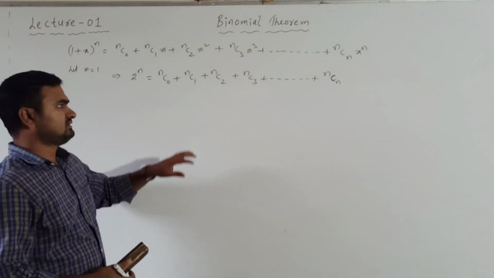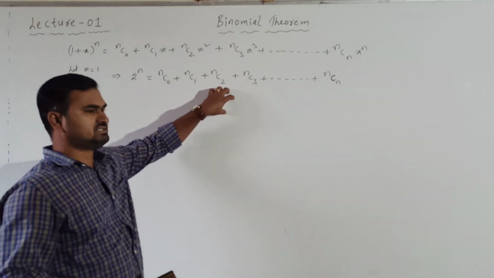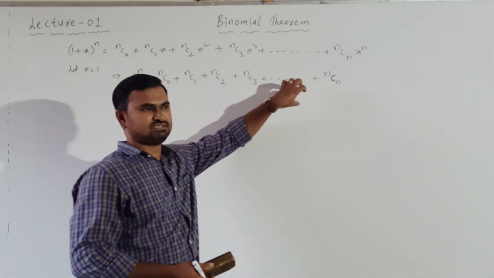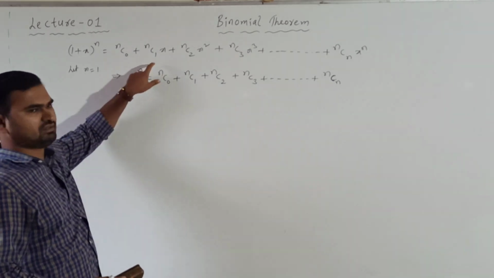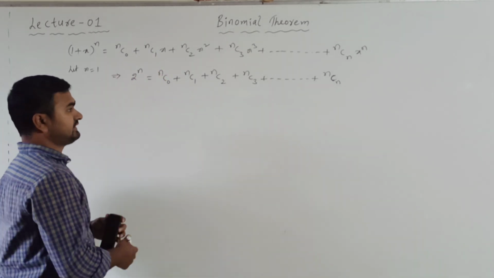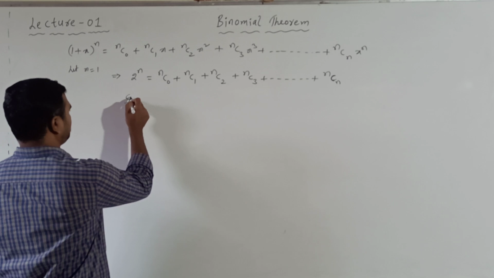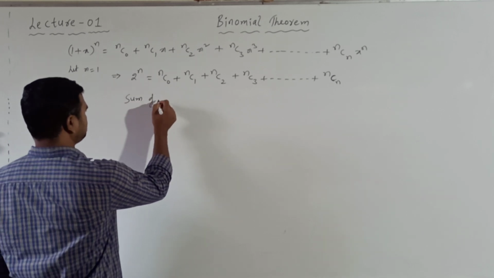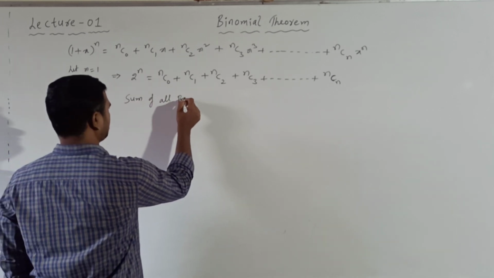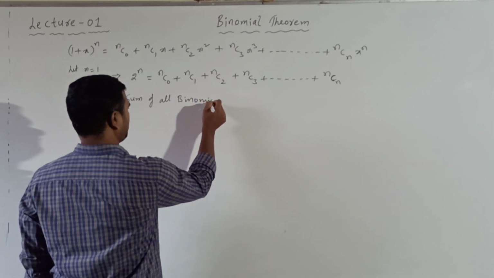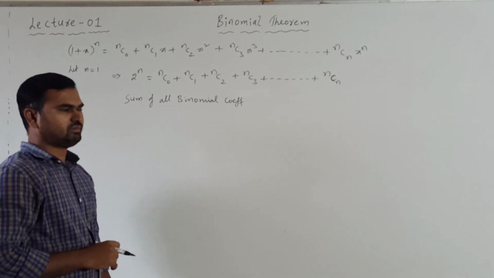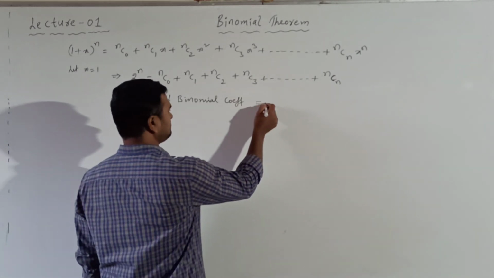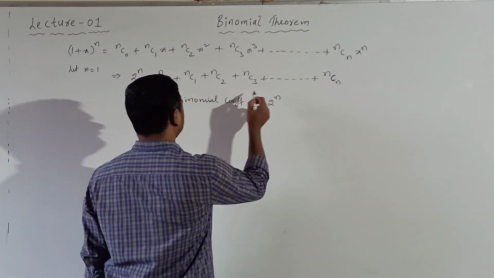So clearly we can see nC0 plus nC1 plus nC2 up to nCn. So this is the sum of binomial coefficients, which is 2 power n. Okay. So remember it as formula, the sum of all binomial coefficients is equal to 2 to the power of n.